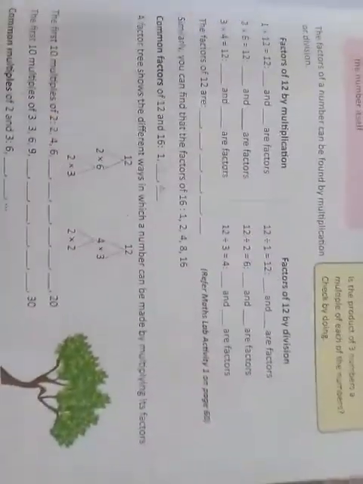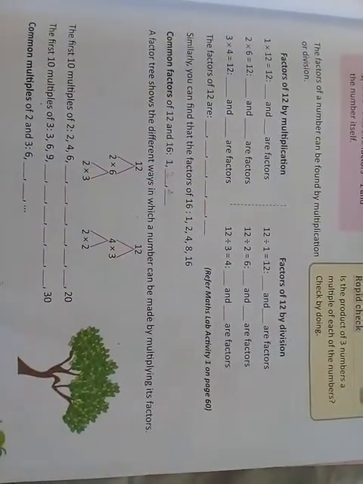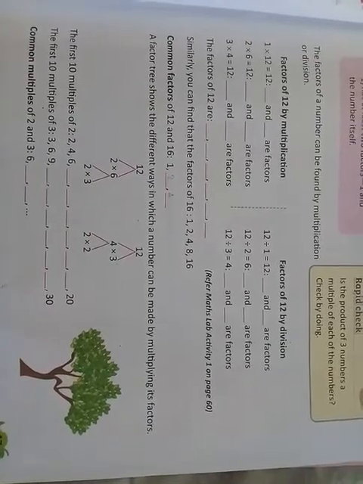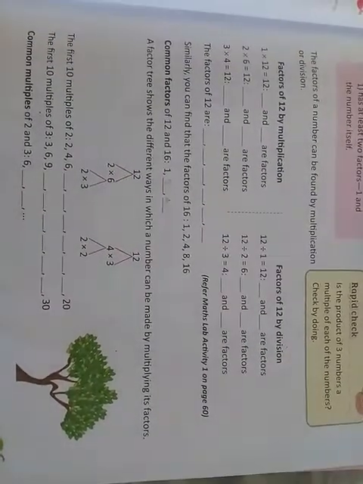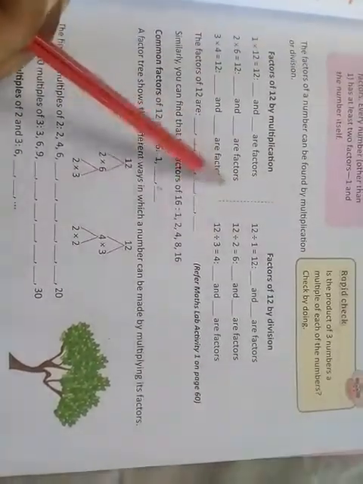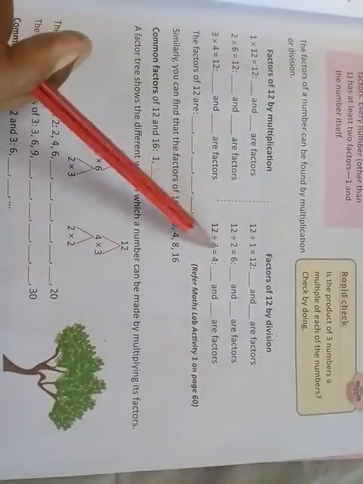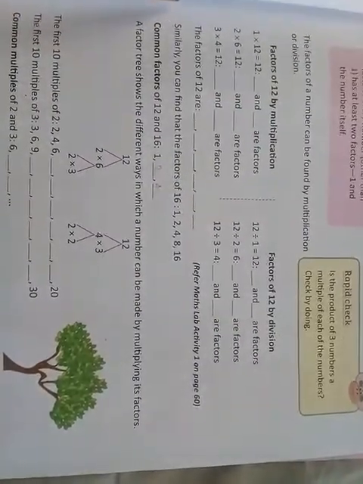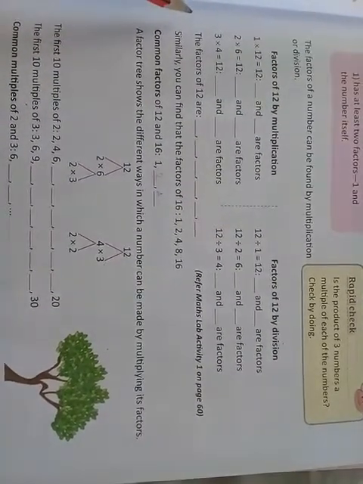Factors of 12 by division. 12 divided by 1 is equal to 12. 12 divided by 2 is equal to 6. 12 divided by 3 is equal to 4.